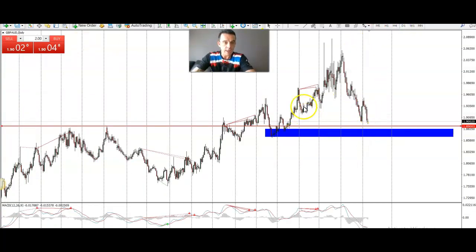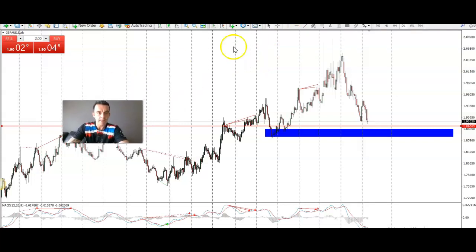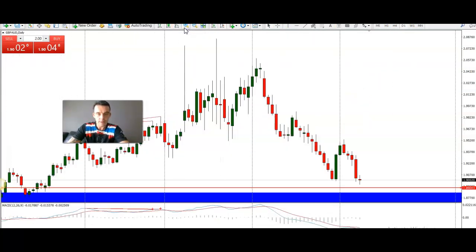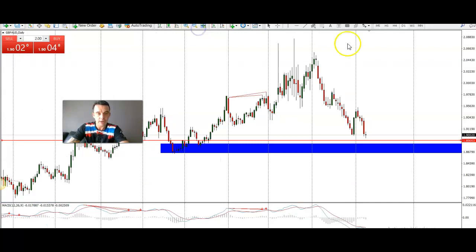So stop loss, I'm going to do a stop loss of 130 pips. So that will be 187.3. And my take profit, okay, we'll just zoom in here. A lot of times the take profits don't kind of happen. Take profit will be an opposing zone or opposing resistance.